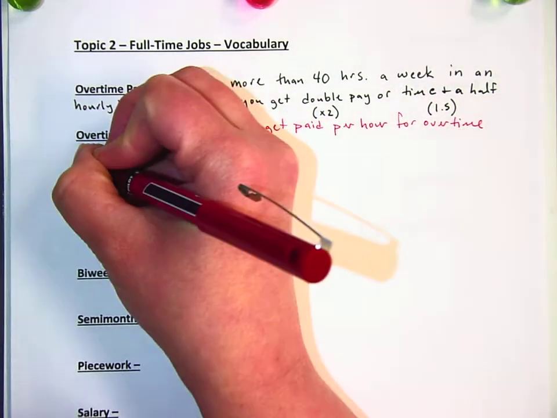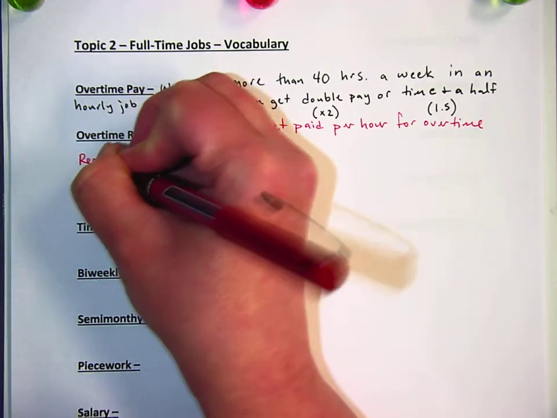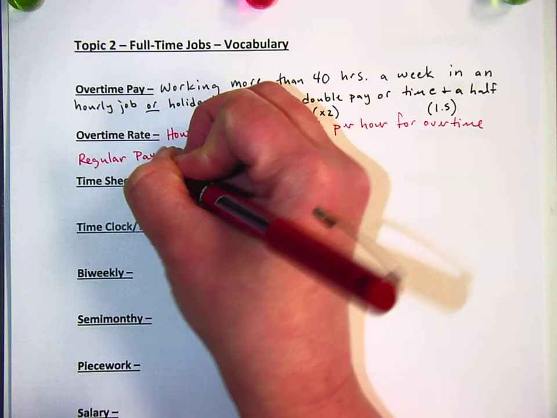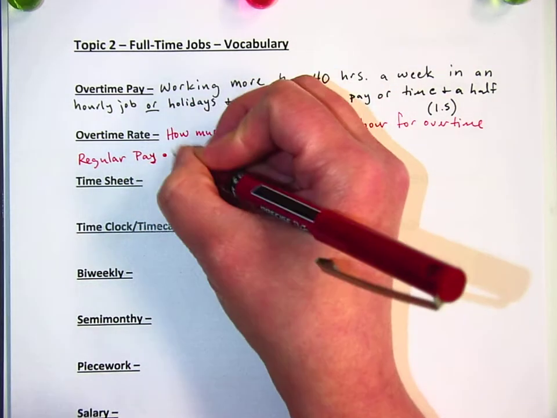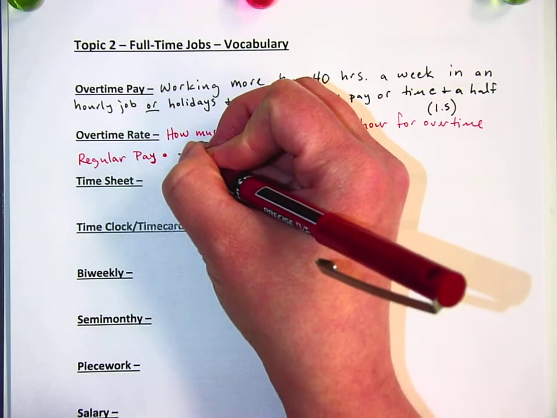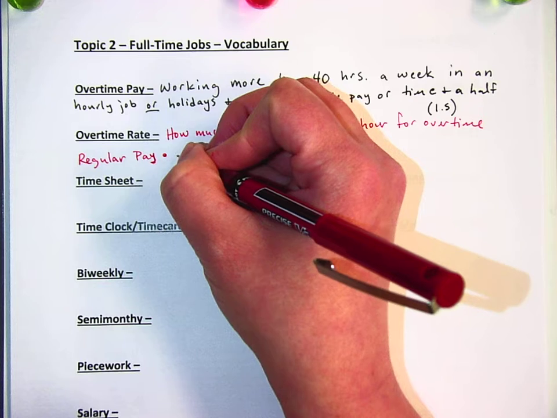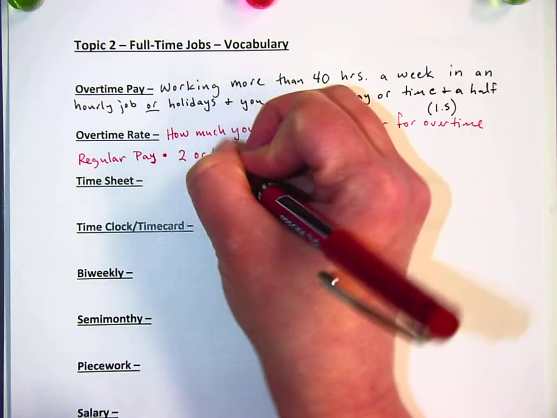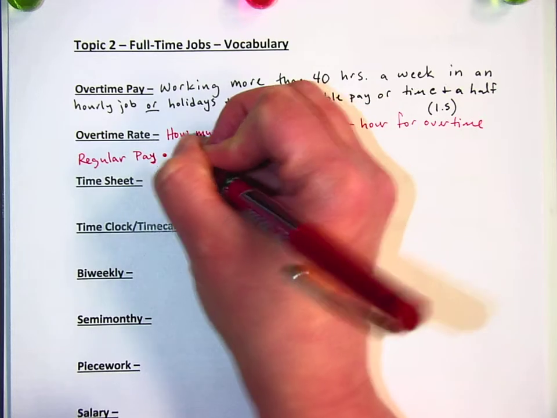And to find that out, you multiply your regular pay times the rate, essentially. So either by 2 or 1.5, depending on what your job pays.